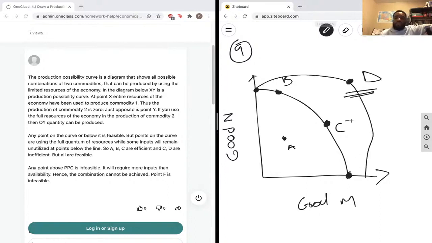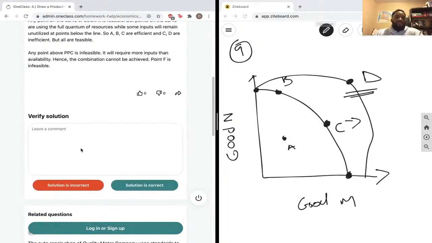And this would be due to some sort of technological change or something that just happened in the economy that gave us more resources to be able to produce more. And at this point, combination D is feasible and efficient, and everything inside is not efficient. It's feasible, but it's not efficient, and it won't be efficient because we haven't exhausted all the resources made available to us.